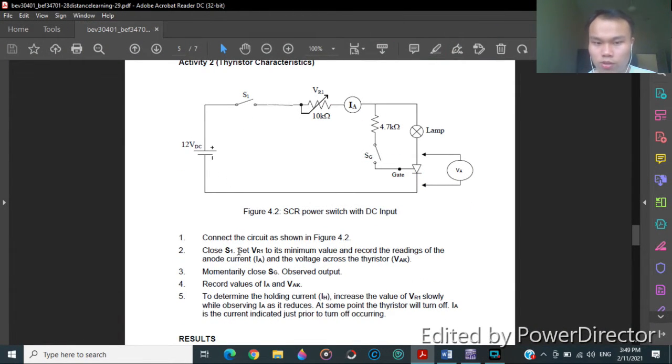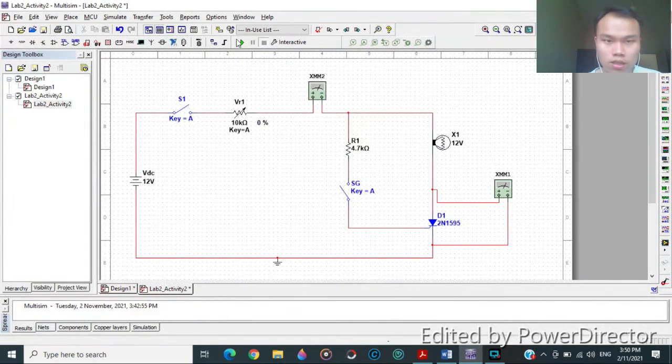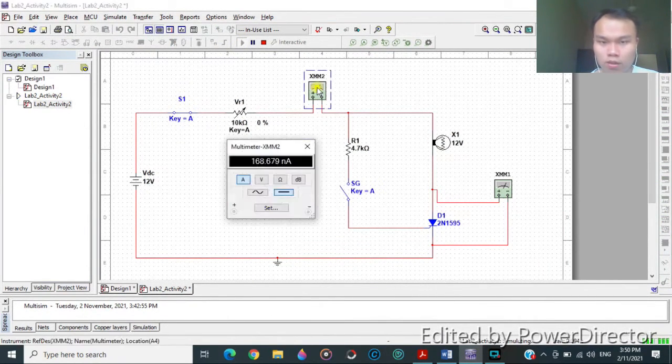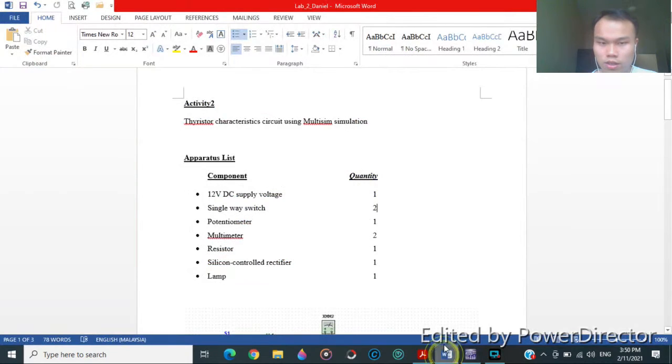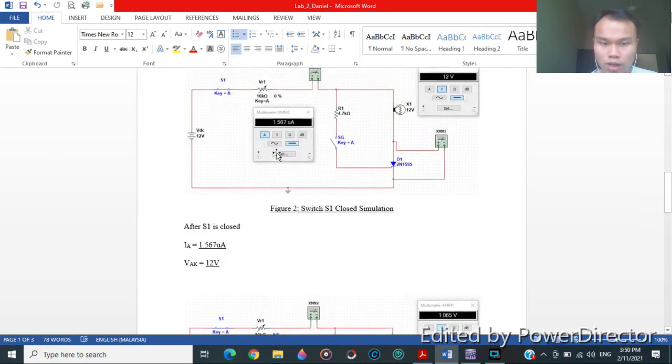Then we're going to close S1 and set VR1 to its minimum value, and then record the anode current and the voltage across the transistor. Close S1, and we're going to have this here. Our minimum value is 0%. So we're going to jot down our value over here.